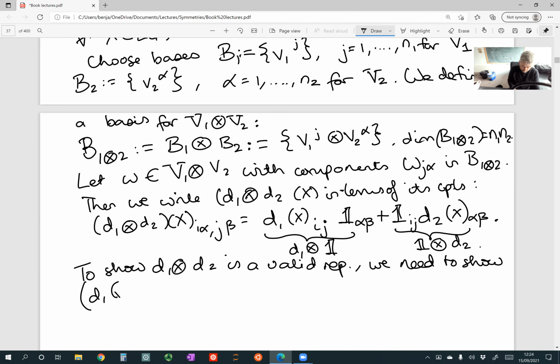Or, well, you'll have to do the working, but it will ask you to do that. So we need this property that the representation corresponding to the Lie bracket is the Lie bracket of the representations.